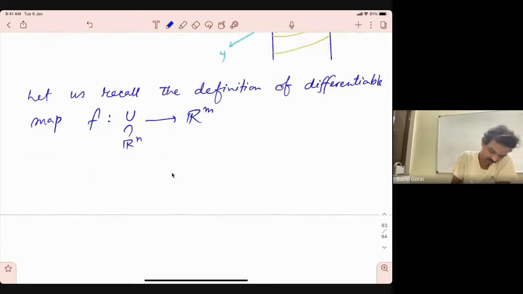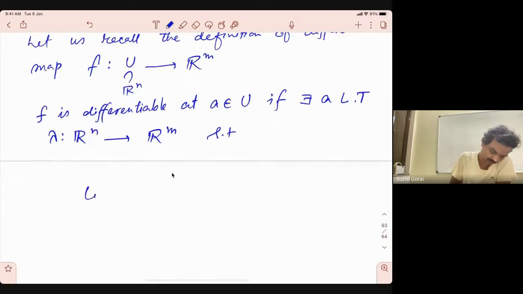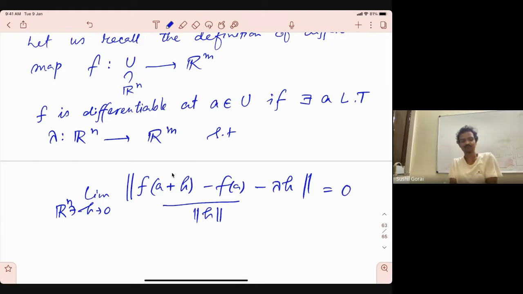F is differentiable at a in U if there exists a linear transformation lambda from Rn to Rm such that the limit as h tends to 0, h in Rn, of the norm of f of a plus h minus f of a minus lambda h, divided by the norm of h, is equal to 0. Right?